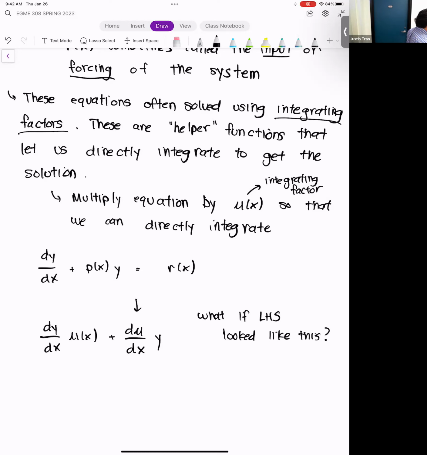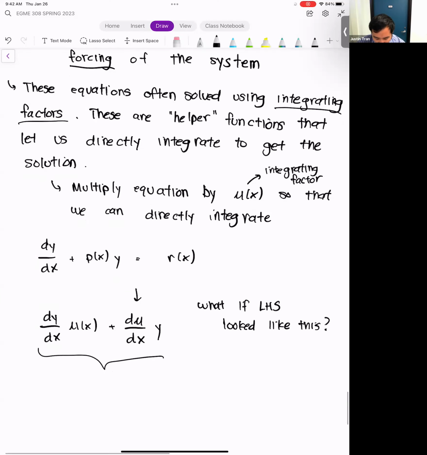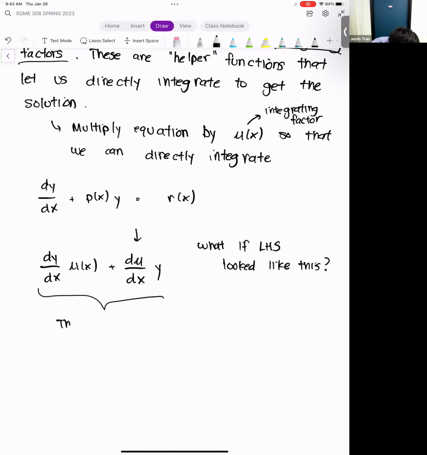It's a big leap, right? It looks like I just did some random stuff. But when we put it in this form, it actually helps us out quite a bit. Because what does this look like? If we consider that y is a function of x, and our integrating factor mu is also a function of x, this looks like the result of a product.